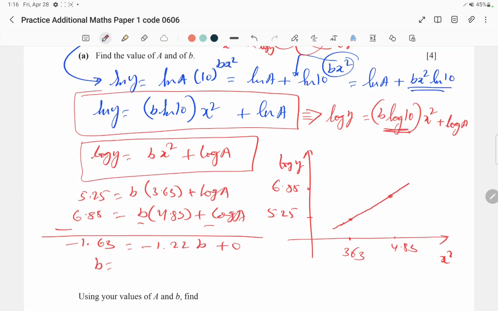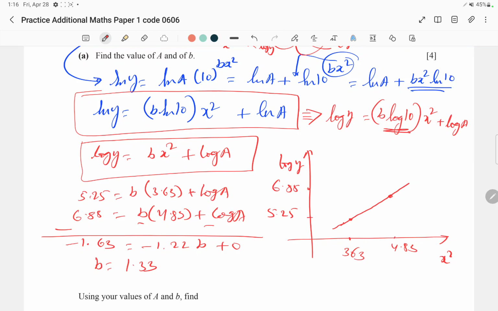So b equals minus 1.63 divided by 1.22, so that is 1.33. So I got b, which is 1.33. Now after getting b, we can get the log a value as well.